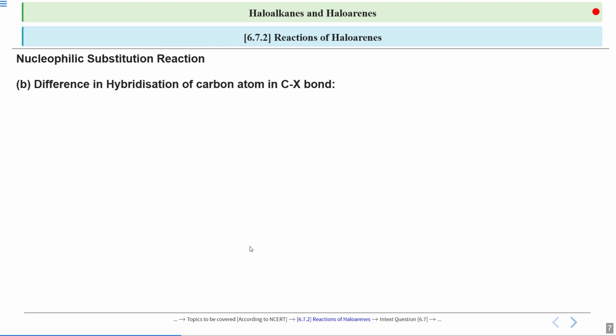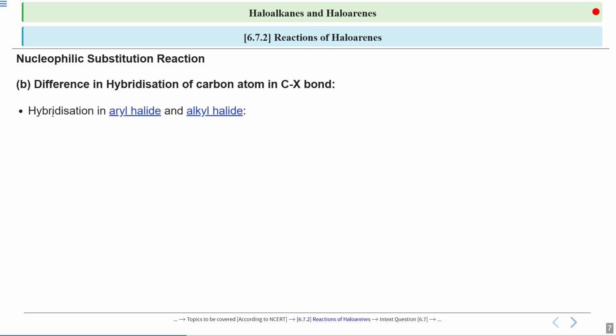The second reason for the low reactivity is the difference in the hybridization of the carbon atom in the carbon-halogen bond. If you compare the hybridization of the carbon atom, there is a difference in the alkyl halide and the aryl halide.